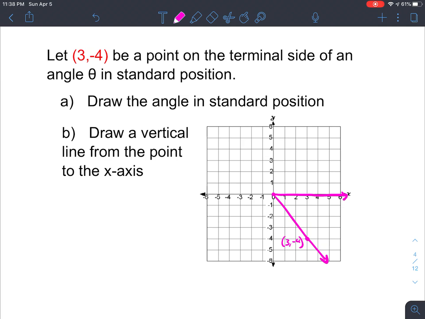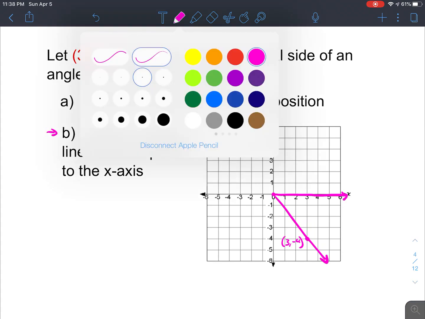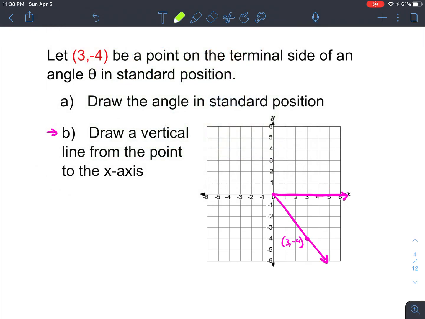Now what I'm going to ask you to do is, in part B, draw a vertical line from the point to the x-axis. So let's do that. From my point, if I draw a vertical line, which we know doesn't exist, which is why I'm making it dashed, to the x-axis, what I'm actually doing there is creating a small right triangle, because that's like an altitude creating the right angle.